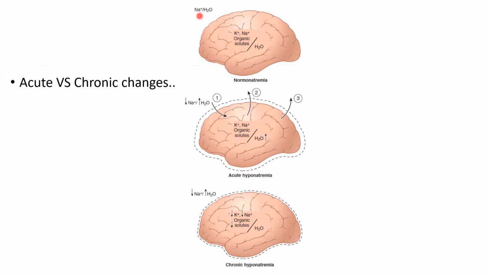He is now talking about normonatremia, that sodium is normal, everything is nice, nothing is happening. Now you create an acute hyponatremia. What you do is you dilute the ECF. You either take sodium out or raise water, whatever. These both are really the same thing.